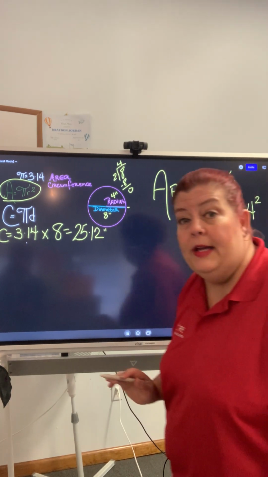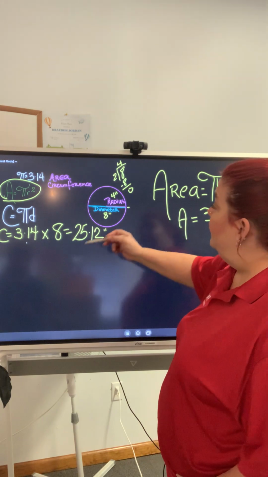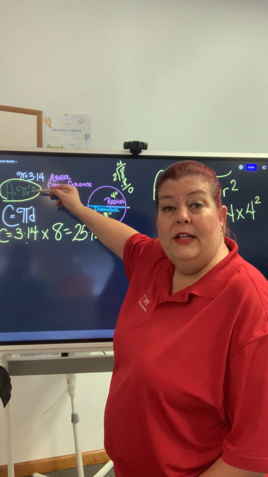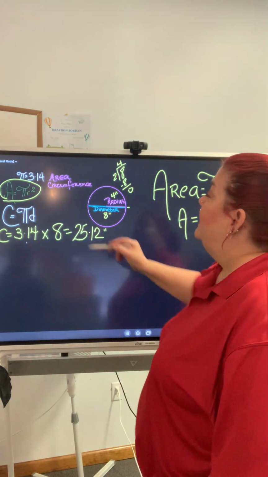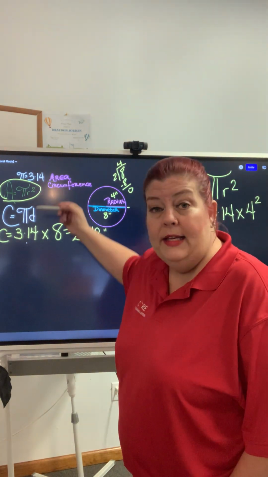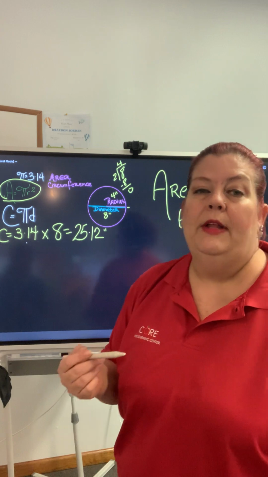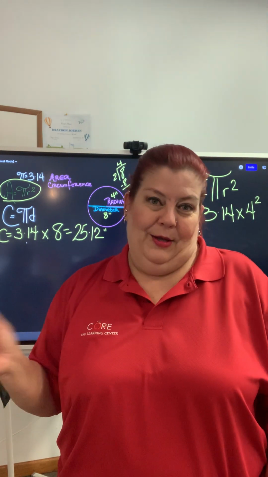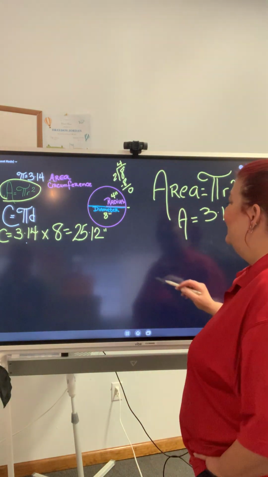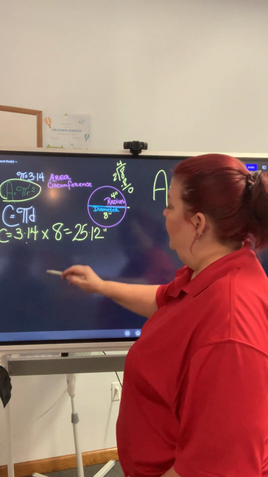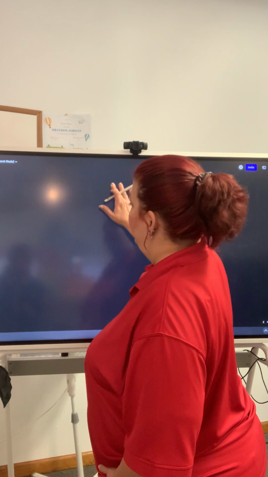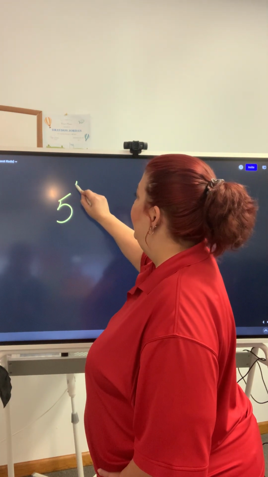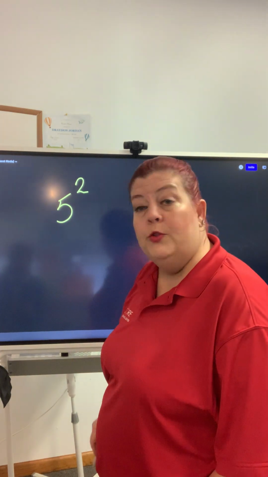And just as a reminder, when we have an exponent, in this case it's 2, it means that that number is multiplied by itself twice. So, what I mean is this. With exponents, let's say we have 5 squared.